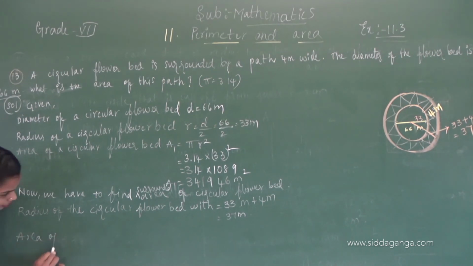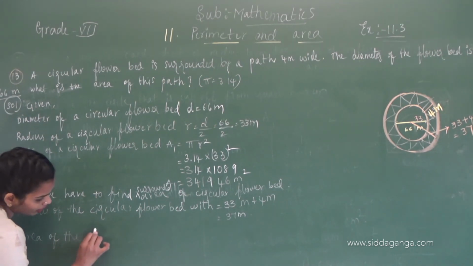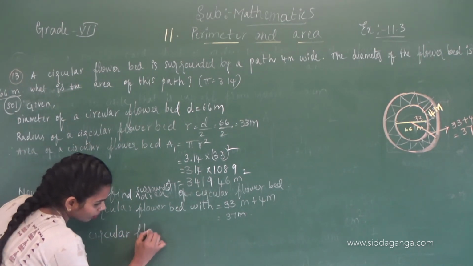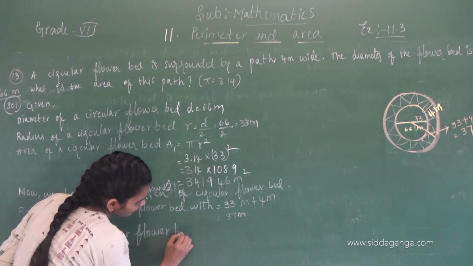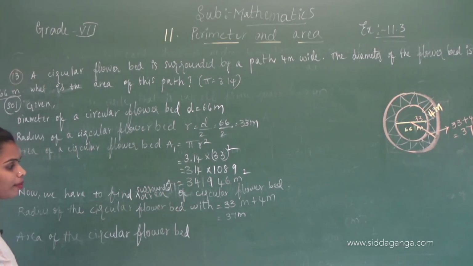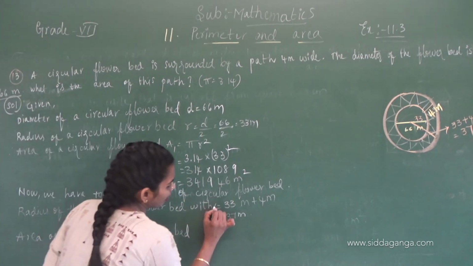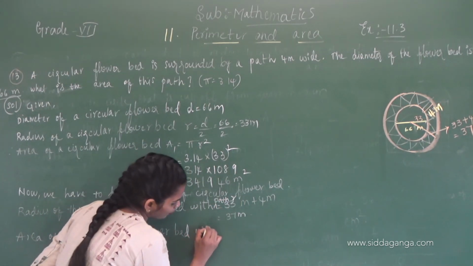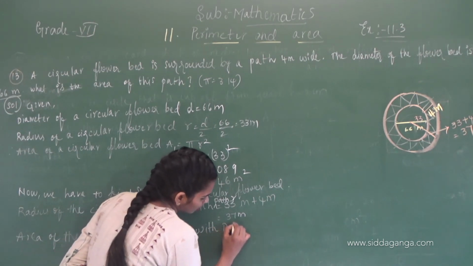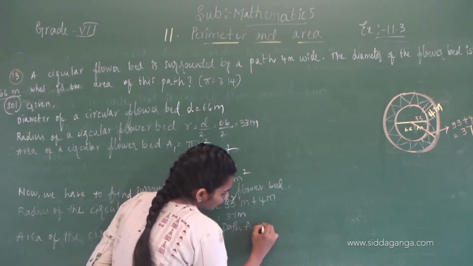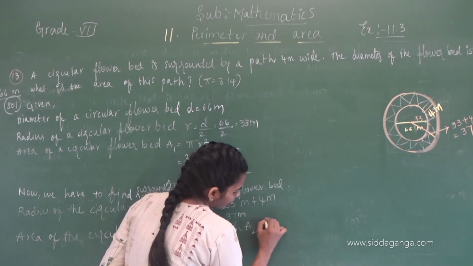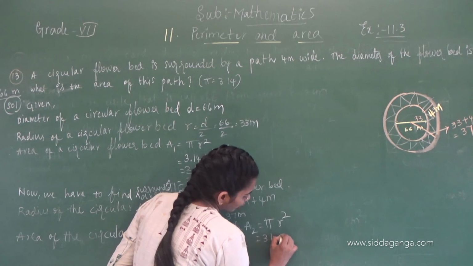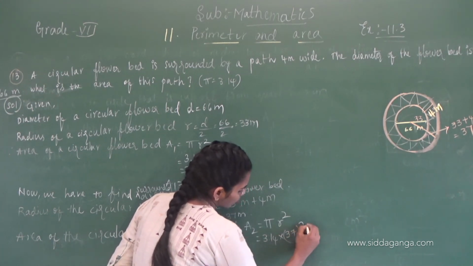Area of the circular flower bed with path, A2 equals pi r square, that is 3.14 into 37 whole square.